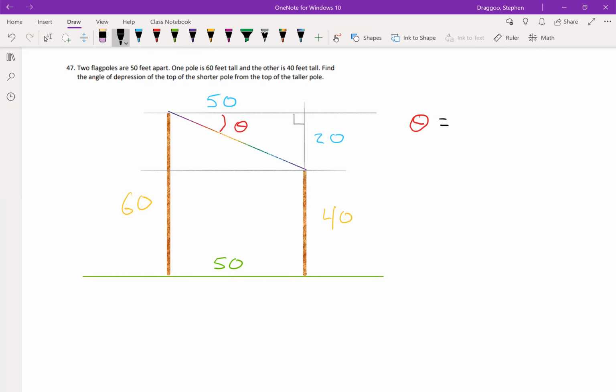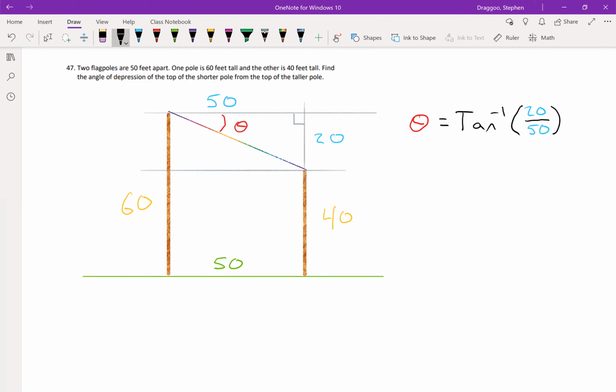So I should end up here with theta being equal to the tangent inverse of my opposite side over my adjacent side. That opposite side is 20, that adjacent side is 50.